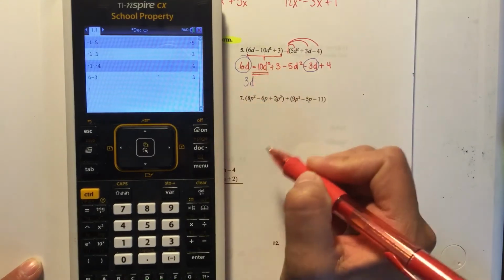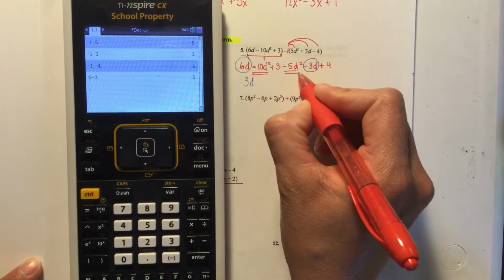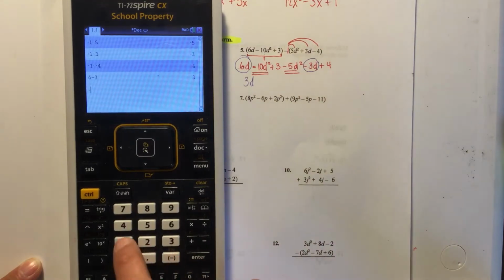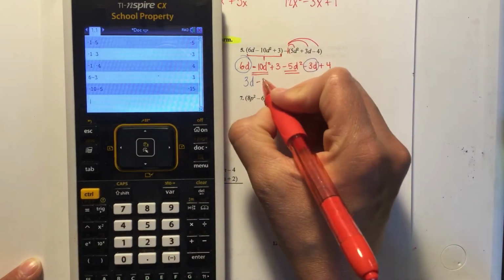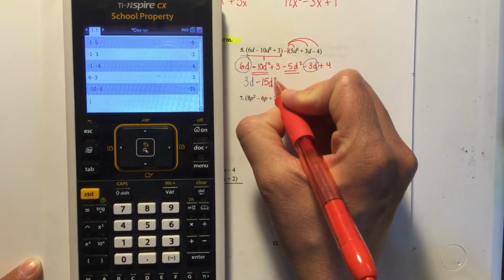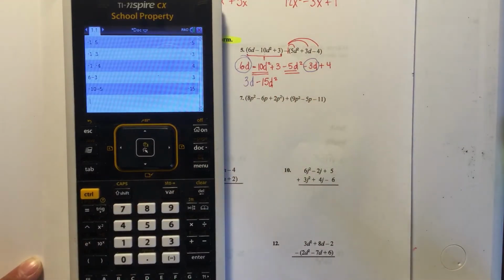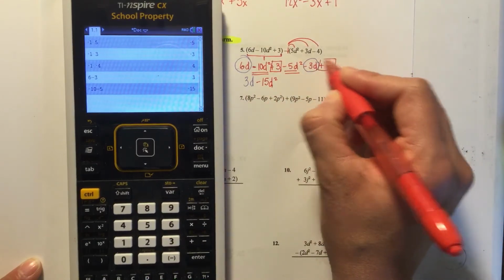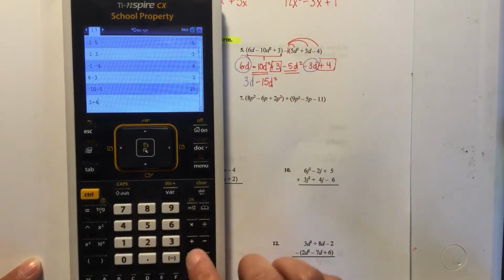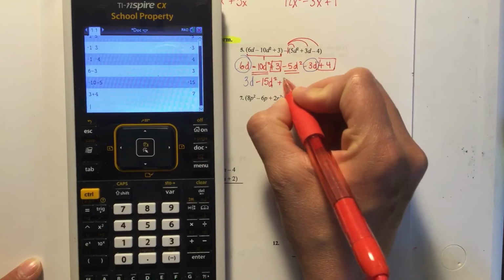So here you have a negative 10d squared and a minus 5d squared. So you're taking a negative 10 minus 5. And negative 15d squared. And then last, you're going to combine your constants. You have a positive 3, a positive 4. 3 plus 4 is 7, so plus 7.